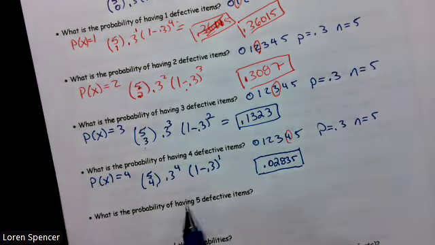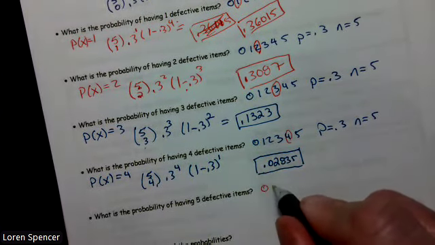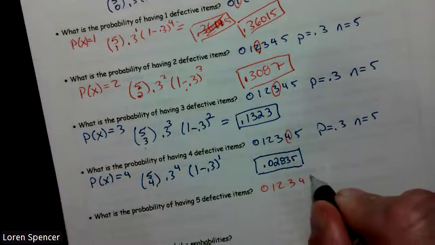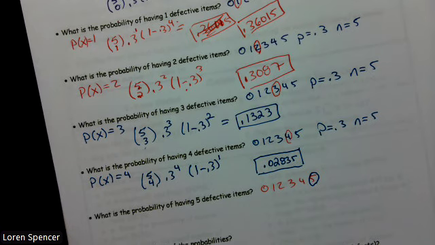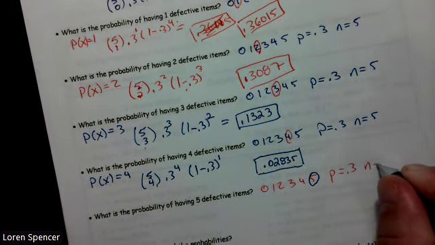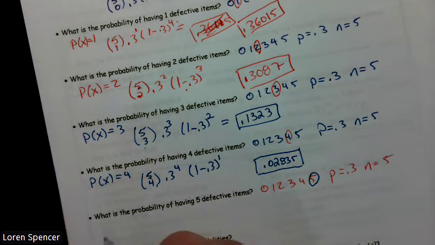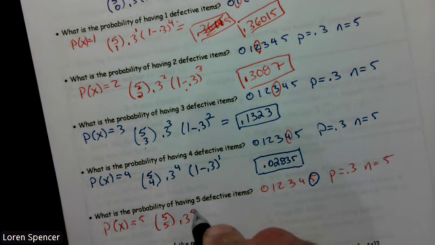And the last one, what's the probability of having 5 defective items? Well, once again, 0, 1, 2, 3, 4, 5. We're circling a single value. Our probability is 0.3, n is 5, and the probability of x equaling 5 would be 5 choose 5, 0.3 to the fifth power, 1 minus 0.3.